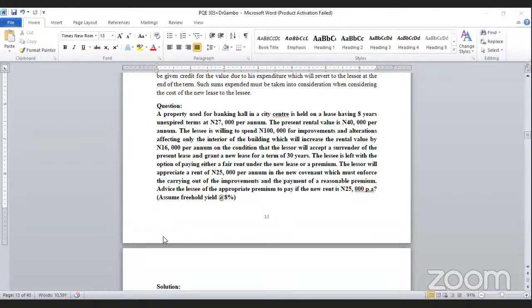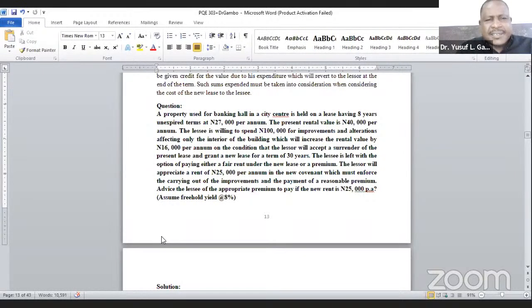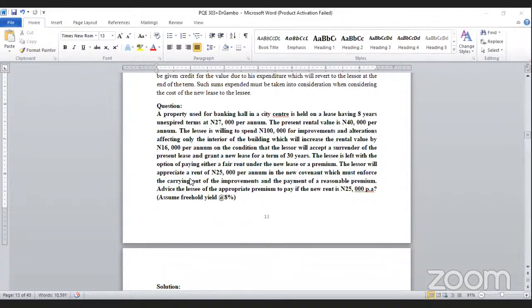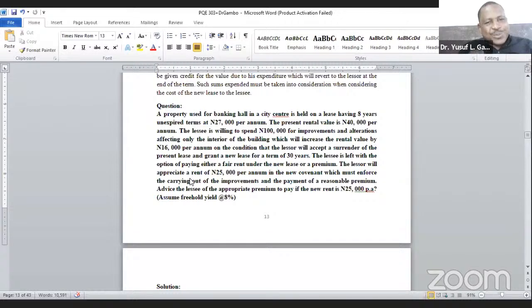Please pay attention to this particular question. The lessee is willing to spend 100,000, hypothetically in the future. This is more like a premium in this question, a premium for improvement and alterations affecting only the interior of the building, which will increase the rental value by 16,000.